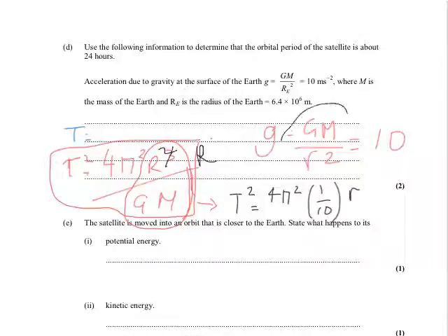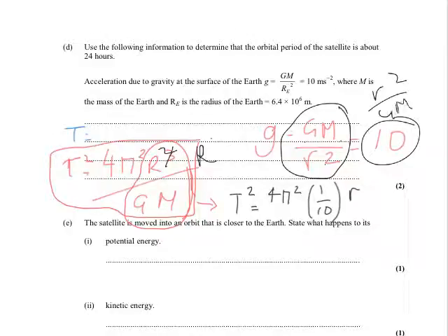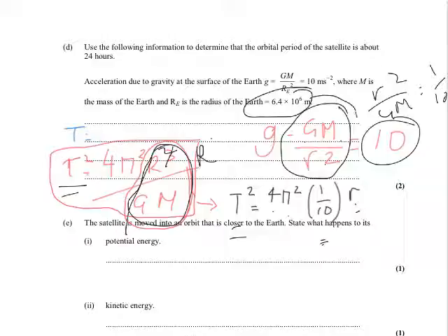Okay, so what we're doing is we're turning this around. GM over r squared equals 10. So r squared over GM equals 1 over 10. And we're putting that in here. Okay, so we're left with T squared equals 4 pi squared times 1 over 10 r. And we're going to substitute our value for r there. And you should end up with a time of approximately 24 hours.